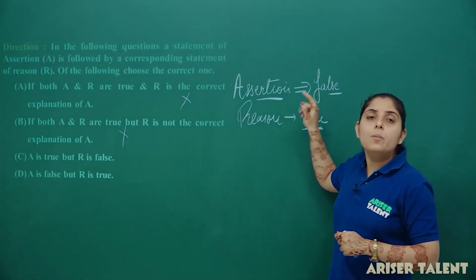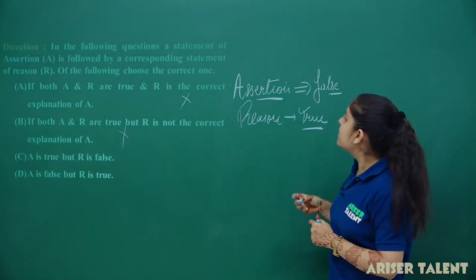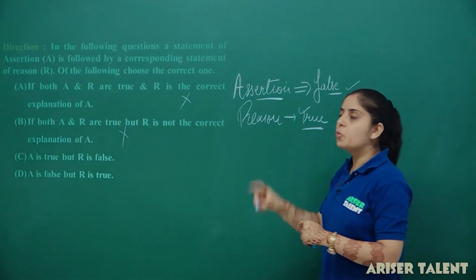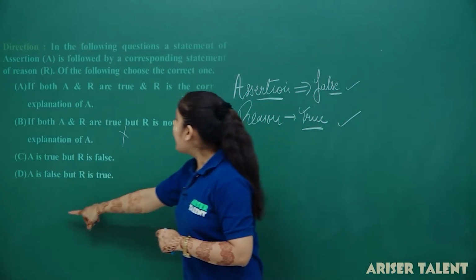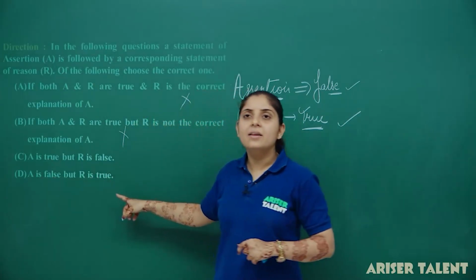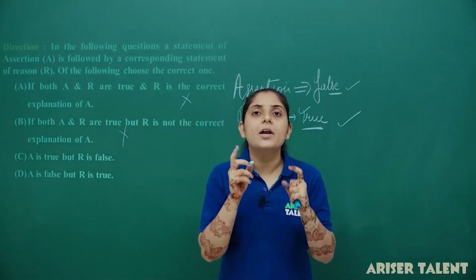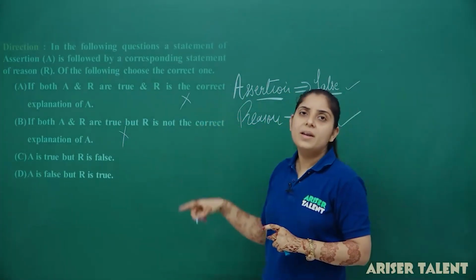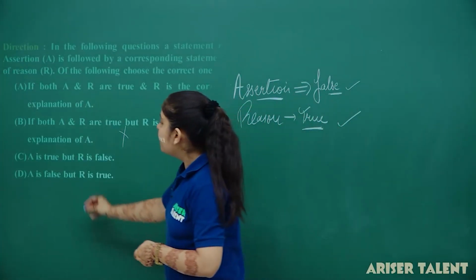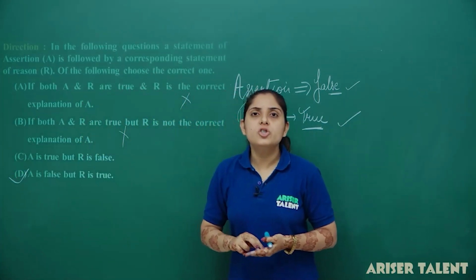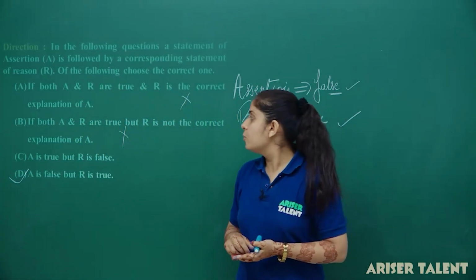A is true but R is false, so again this is a wrong statement. We have found that the assertion is false and the reason is true. The statements are individually false and true, and they are not explaining one another. So which option is correct here? Option D is correct: the assertion is false and the reason is true.